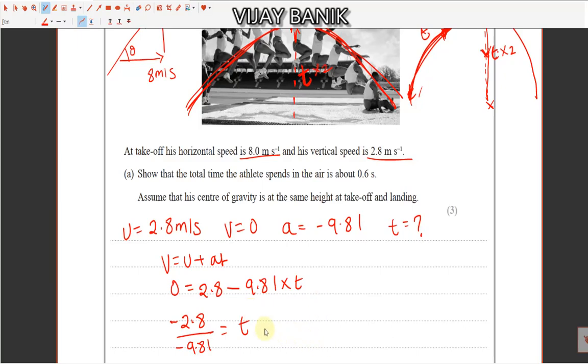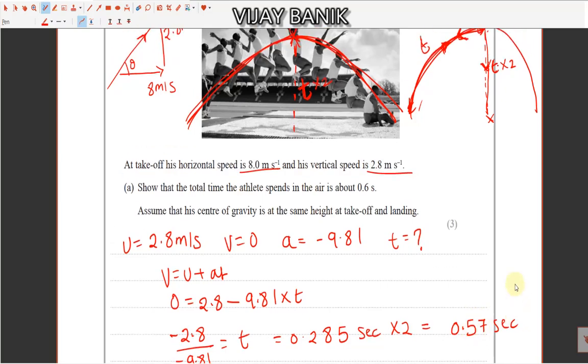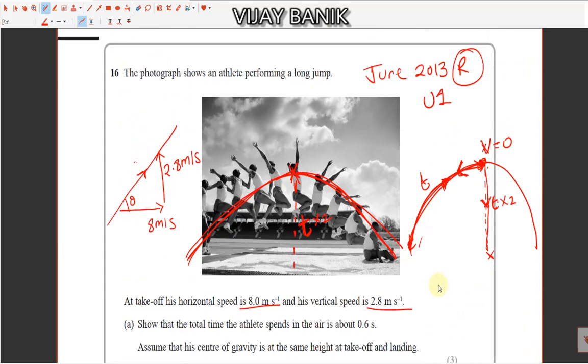It's 0.285 seconds. I told you the total time of the journey is double of that. 0.285 into 2 is 0.57, close to 0.6 seconds. I hope you understood the first part with this explanation.